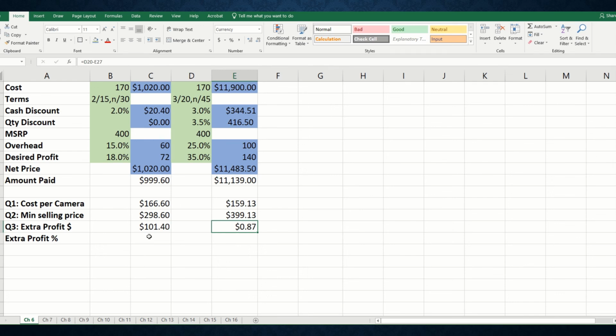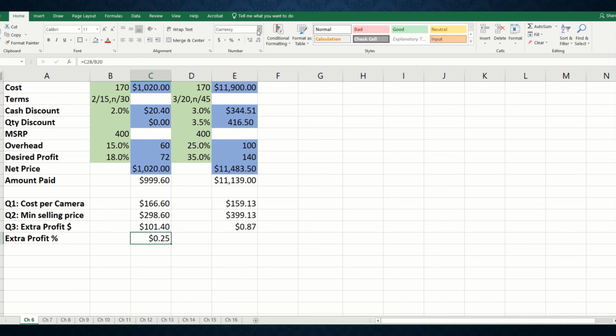So the extra profit percent that we're going to make equals our extra profit divided by our MSRP, which gives us, and I want that in percent, so it came out as 25 cents. Don't want it in currency.